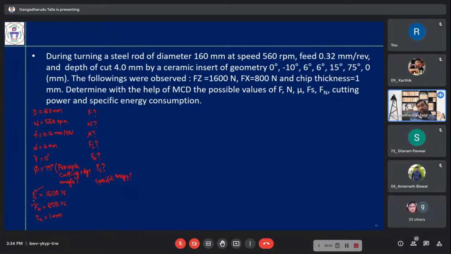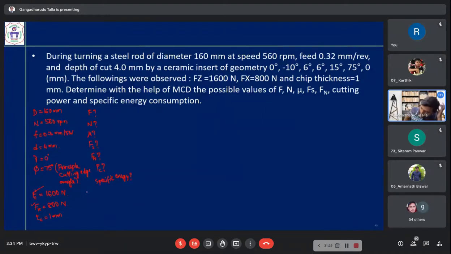In the merchant circle diagram, what are the two directly measurable forces? Fc and Ft, isn't it? Fc and Ft.